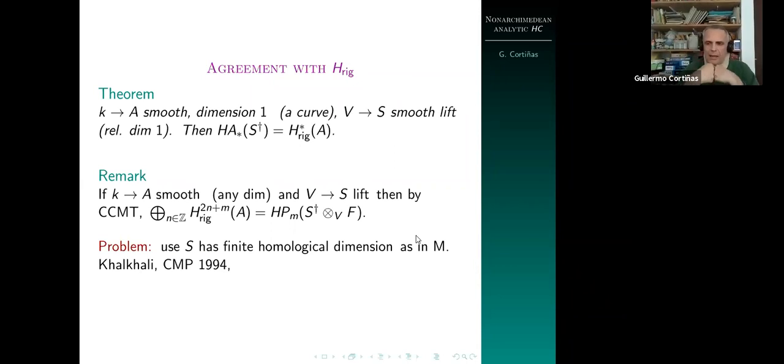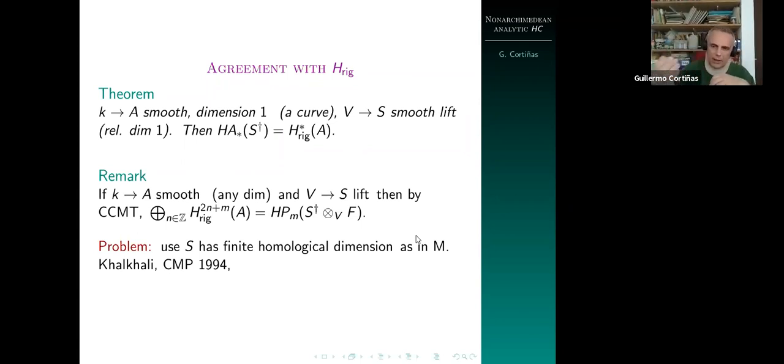But then, Masoud's idea is that having finite homological dimension n gives you a connection on the module of n noncommutative differential forms.